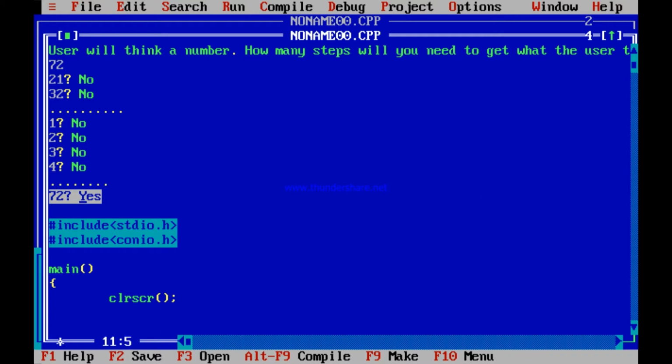How many steps do you need? Definitely 72 steps. Now, if the user would have guessed not 72, but maybe 772, then to reach it, 1, 2, 3, 4 and so on up to 772, how many steps will you need? 772. Okay, let us consider that only and try to write the program.